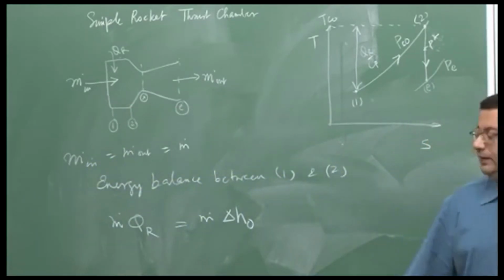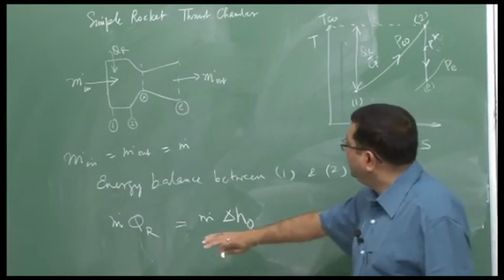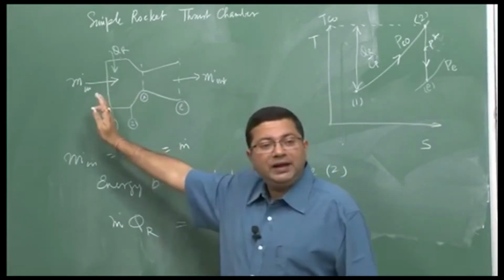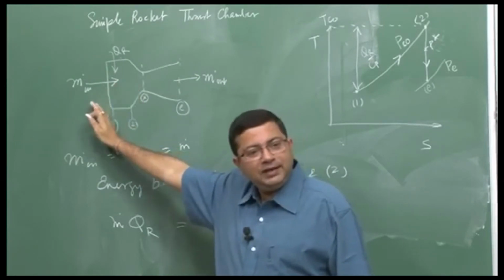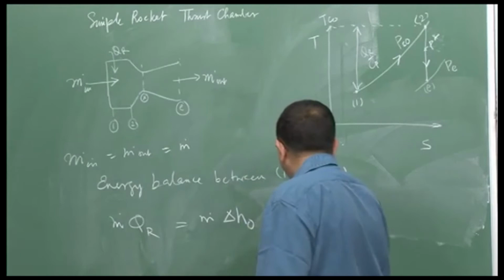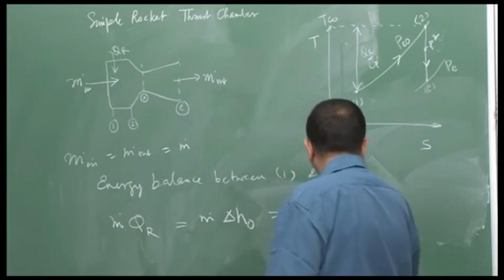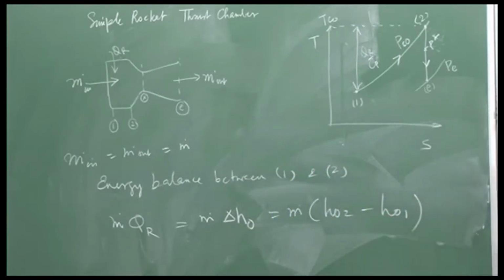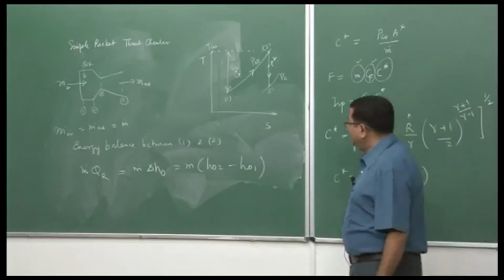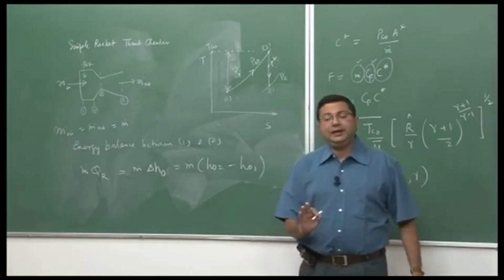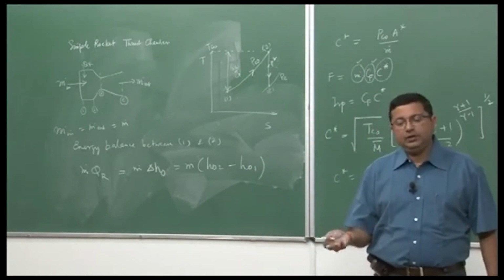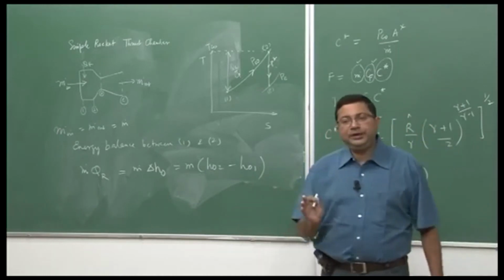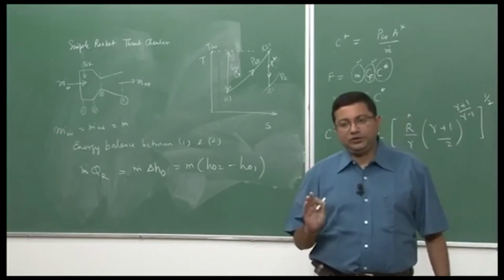Now, the stagnation enthalpy change is nothing but the stagnation enthalpy at 2 minus stagnation enthalpy at 1, that is the exit of the combustor minus the inlet of the combustor. So, this is equal to m dot times H02 minus H01. Now, we have assumed the working fluid to be a perfect gas for the ideal rocket, which means it is thermally perfect, calorically perfect. Therefore, H is equal to Cp T and we consider Cp to be constant.